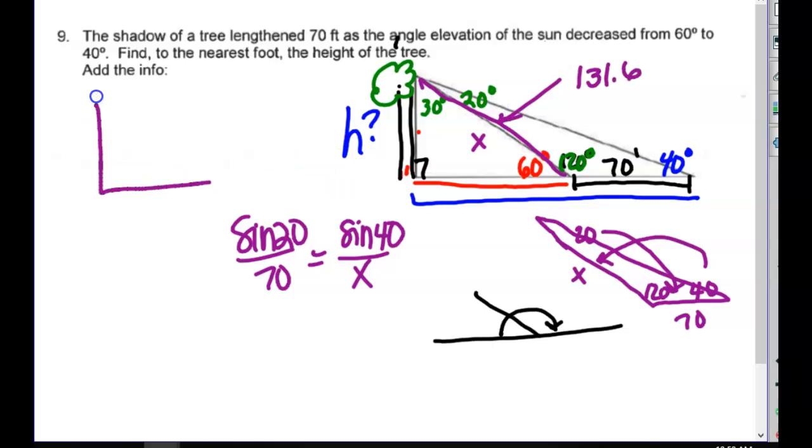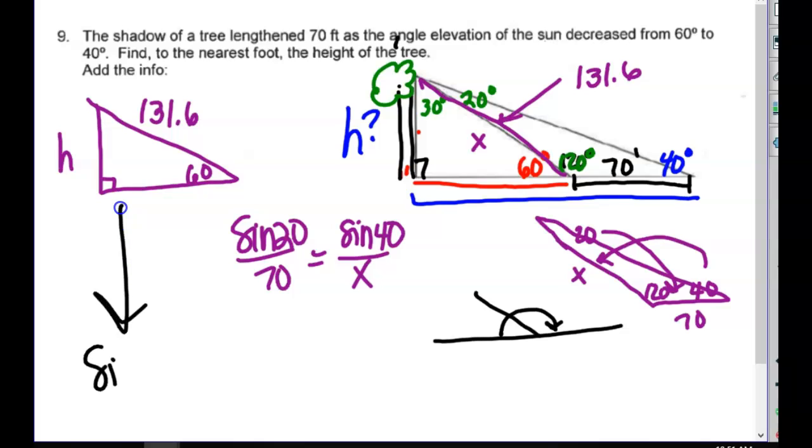And then if we take out just the little right triangle, we have a 131.6, and this was 60, and we're trying to find this height, which is not a hypotenuse, by the way. So I could just use opposite over hypotenuse, plain old right triangle trig, or you can do law of sines again, it'll work.